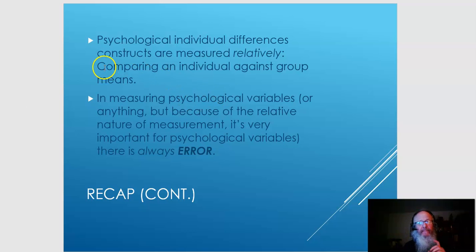So, here's the other thing that is actually kind of a higher order point, but I'm asking you to think about it. Psychological individual difference constructs, including personality, intelligence, and aptitude, and then anything more specific that we might come up with, and psychologists have come up with hundreds of specific individual difference measurements to research a variety of different kinds of responses and behaviors.